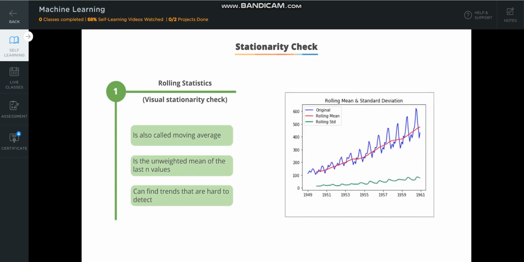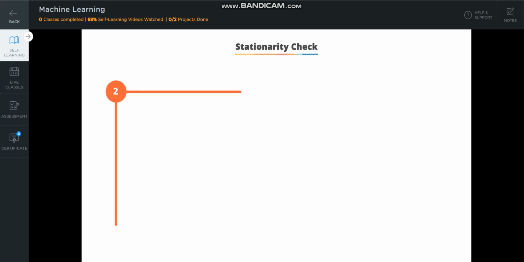Plot the moving average or moving variance to check if it varies with time. In the given graph, you can see that the mean and variance increase constantly, so visually, using rolling statistics, you can do a stationarity check.